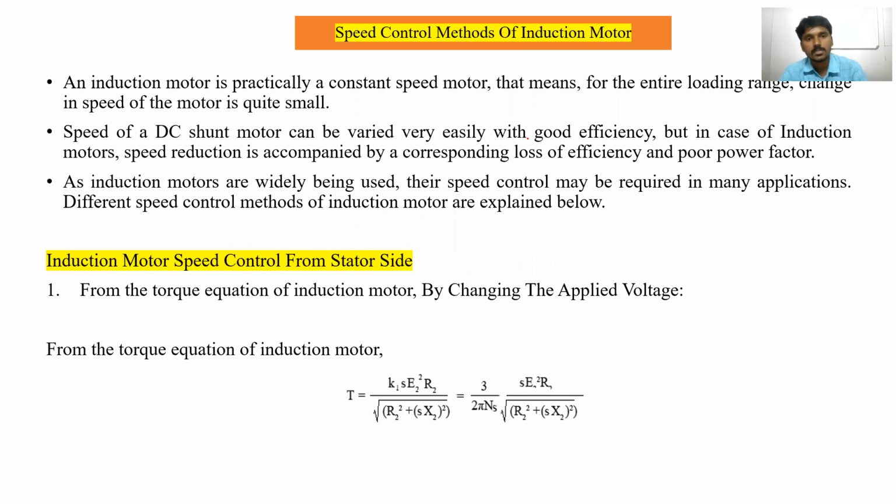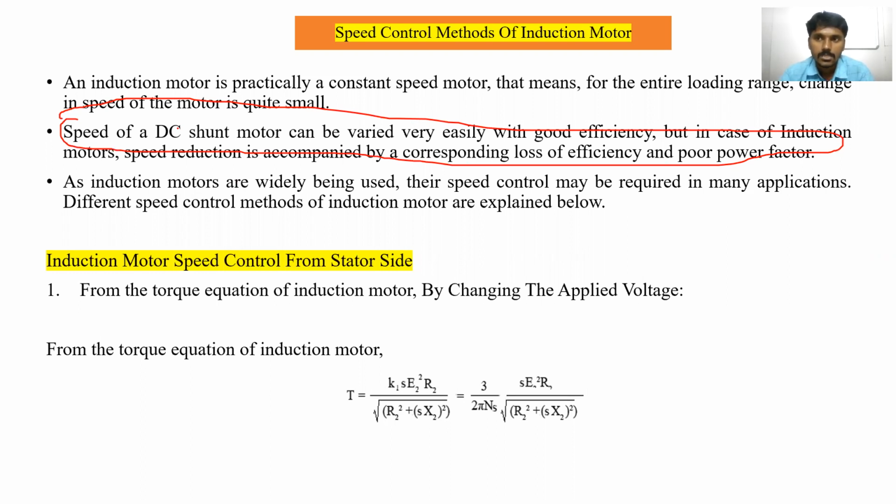Speed of the DC shunt motor can be varied very easily with good efficiency, but in the case of an induction motor, speed reduction is accompanied by a corresponding loss of efficiency and rotor power factor. This point we have already discussed. Clear? So generally DC motors are most preferred for variable speed applications because the controlling technology is very easy.